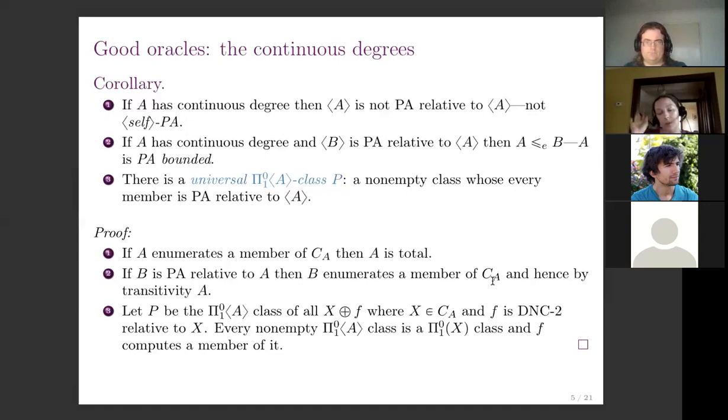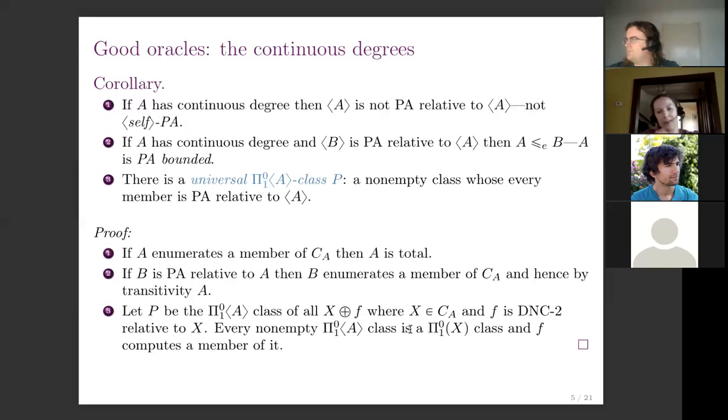If we're just thinking about the relation PA relative to Turing oracles, then if you take all the diagonally non-computable functions relative to that oracle, that forms a Π01 class relative to that oracle. And every such function allows you to build a path in any tree that has an infinite path, because it allows you to figure out where the dead ends are.